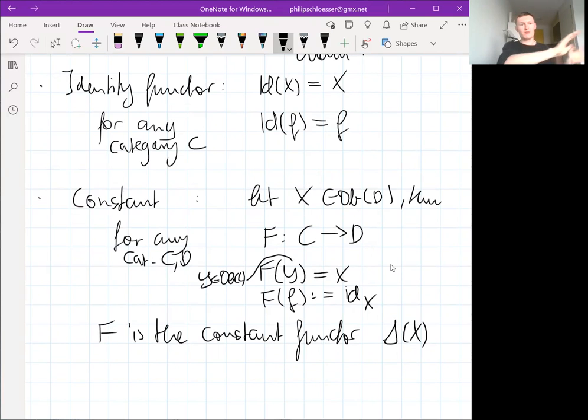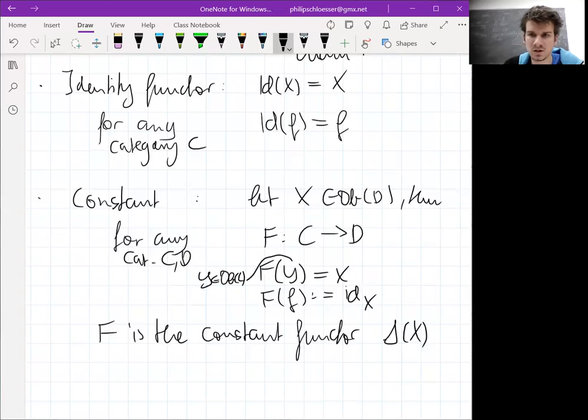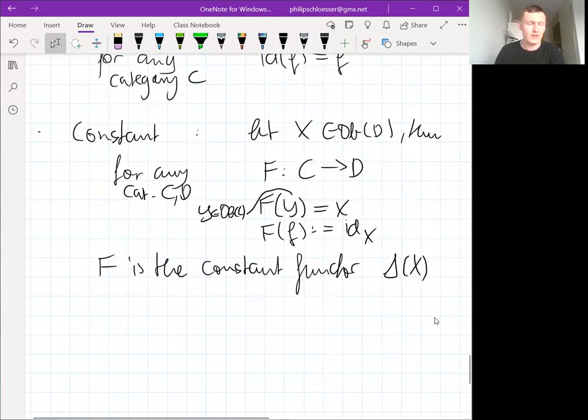You give me any morphism, I give you the identity on X. Okay, but you do need to specify X then. Yes, of course. So there's a constant functor Delta X for each object X in D. Is that correct? Yes, for every object X in D.